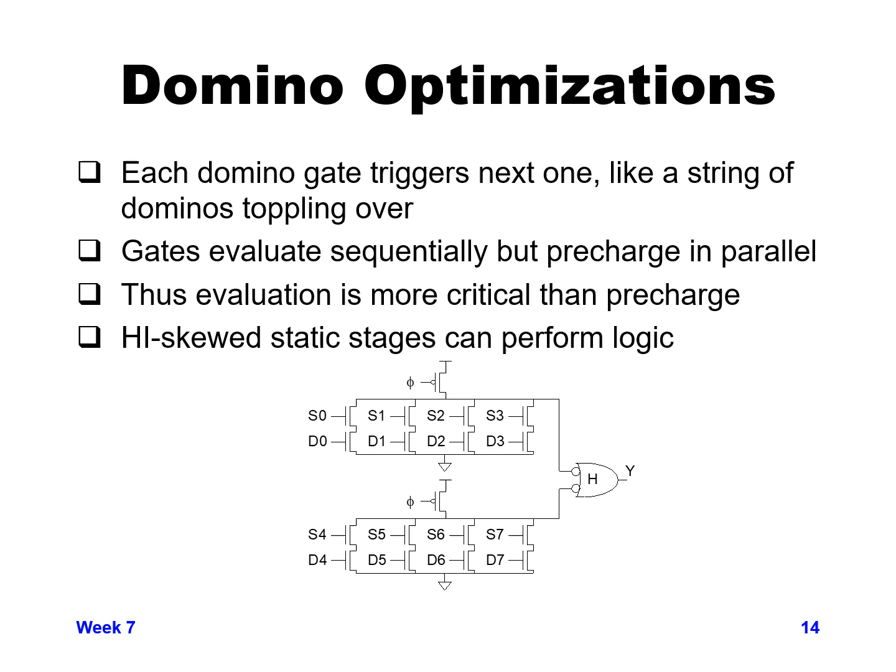Again, the evaluation. So we can use high skewed static stages in between our domino stages in order to perform our logic faster. So that's one optimization you can make, is to use high skewed static stages in between your domino stages to increase the overall speed of the domino logic cone.